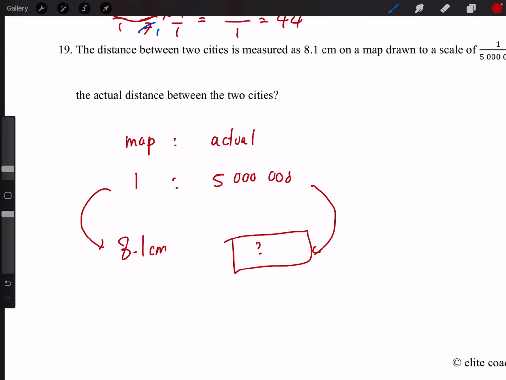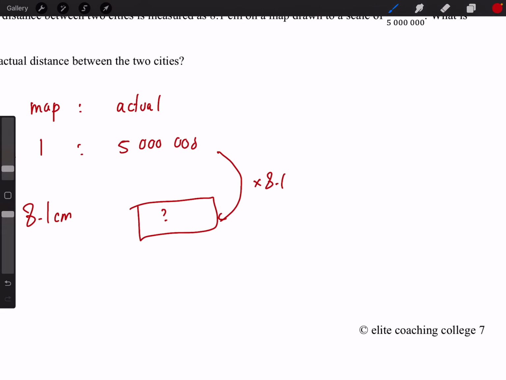Well, from 1 to 8.1 is you times it by 8.1. And you times this one by 8.1. Okay. So let's multiply it. So 5 million times it by 8.1. Let's break this down a little bit and say this is 500,000 times 10 times 8.1, isn't it? Right?